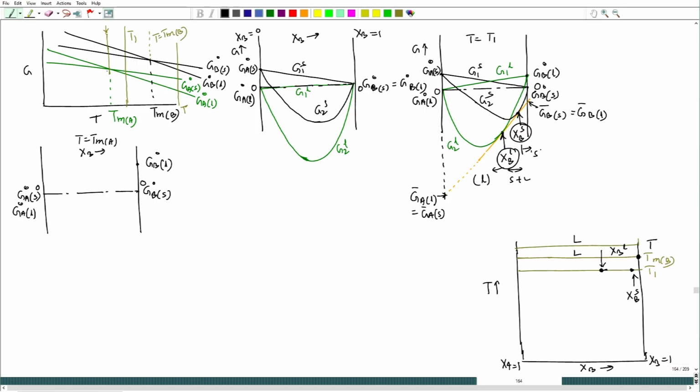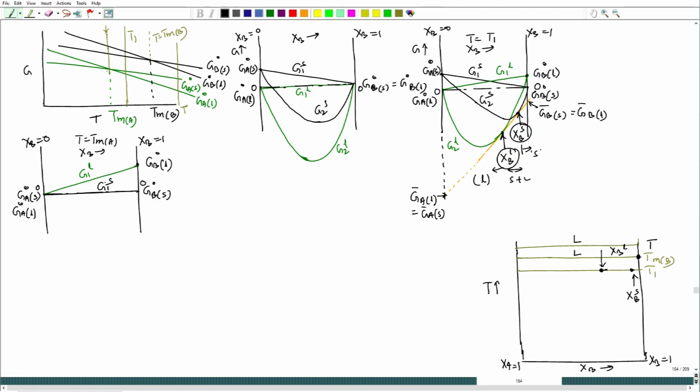X B is increasing this way, X B equal to 1, X B equal to 0, X B equal to 1, X B equal to 0. Now, the liquid line, G1 line, is this one, this is G1 liquid, and G1 solid would be this one.